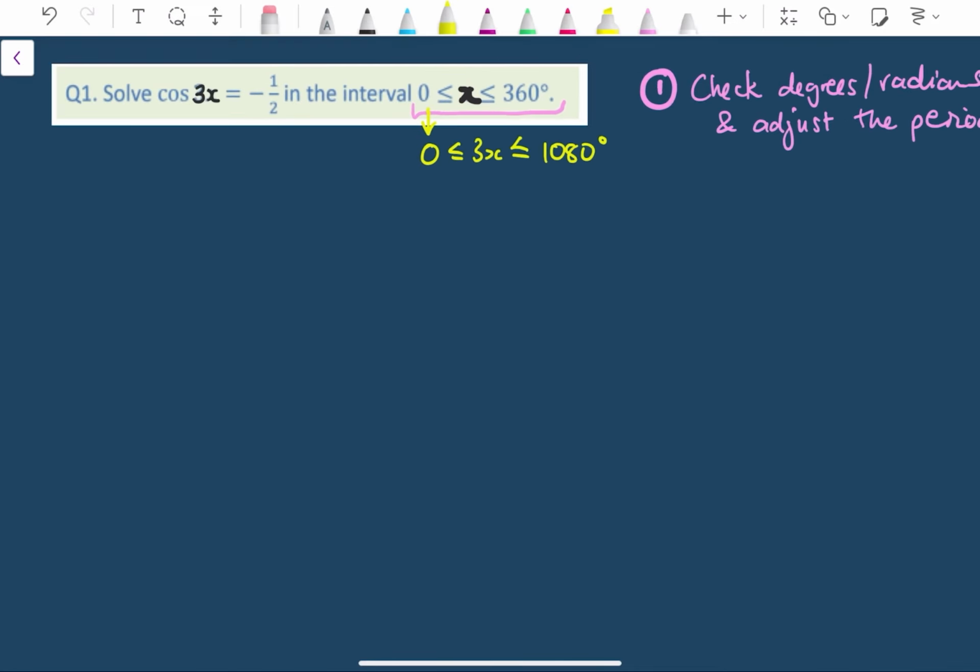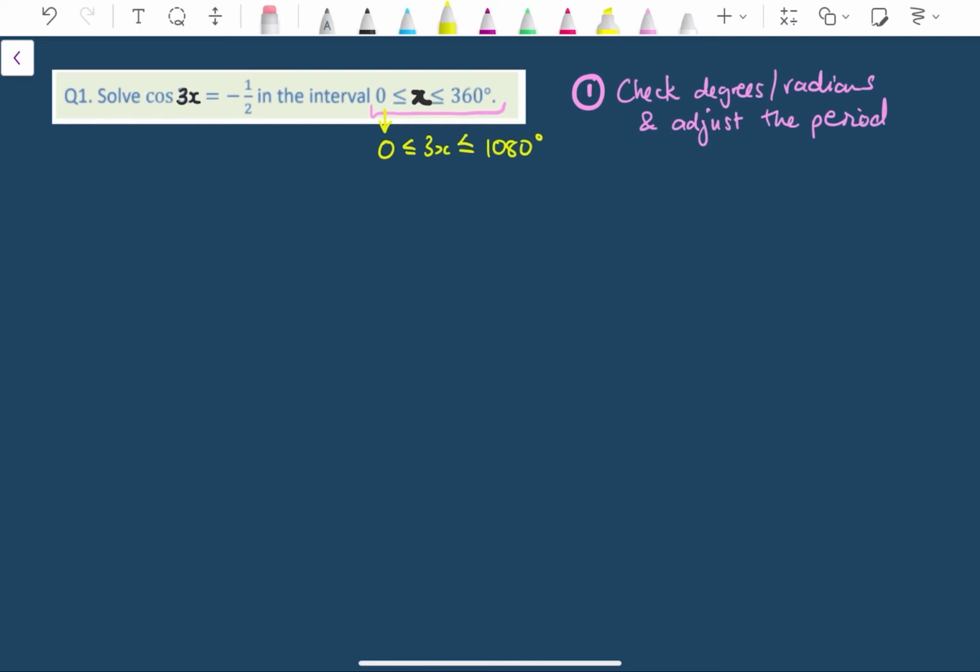And that's going to help me to find all of the solutions for 3x in the correct period. And then at the end, I will simplify. So that's step 1 done. We've changed our calculator to degrees because my period is also in degrees. Let me just do that on my calculator as well.